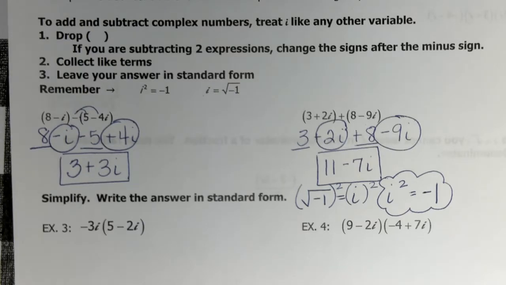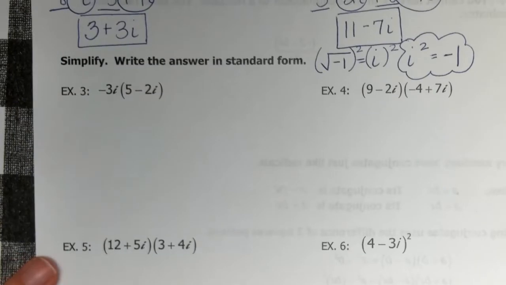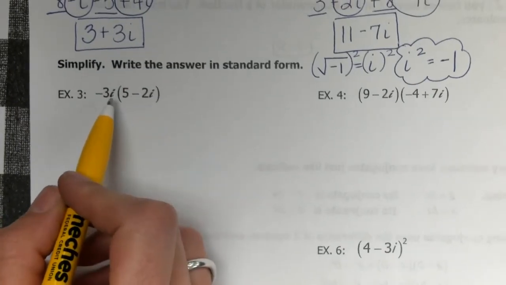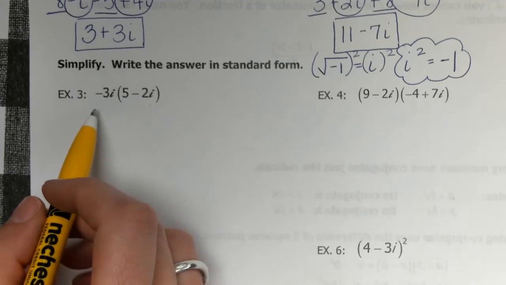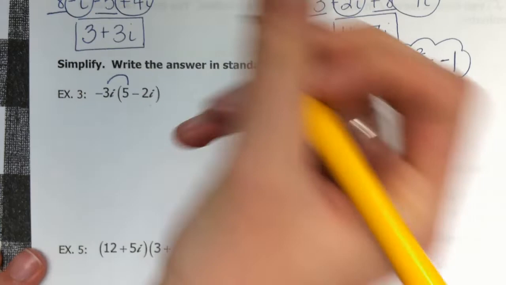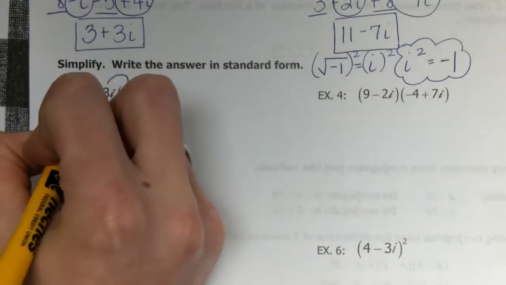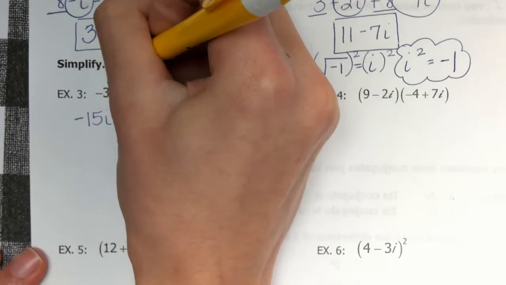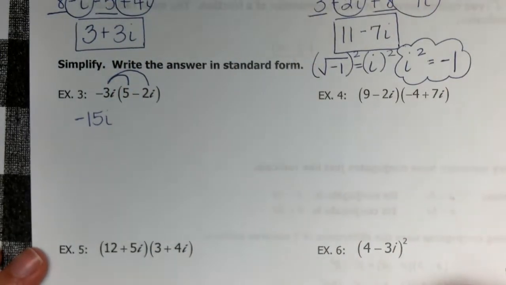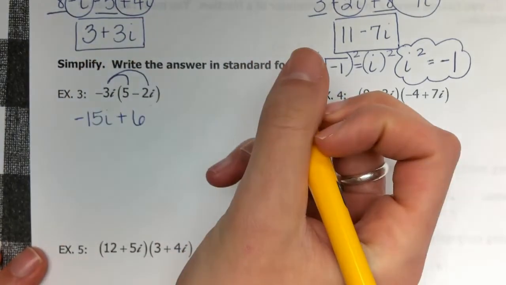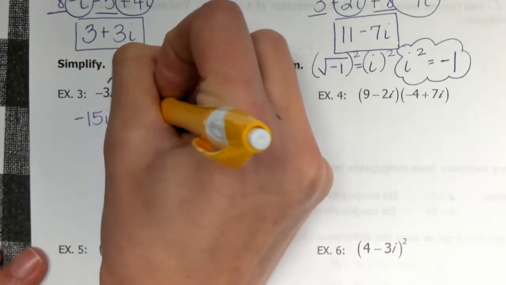Whenever we look at this next example, we've got negative 3i times 5 minus 2i. We're going to treat this i like it would be an x. We're only going to multiply the numbers. So I'm going to distribute negative 3 times 5, and that's going to give me negative 15i. And then I'm going to have negative 3i times negative 2i, and that's going to give me a positive 6 i times i, which is i squared.